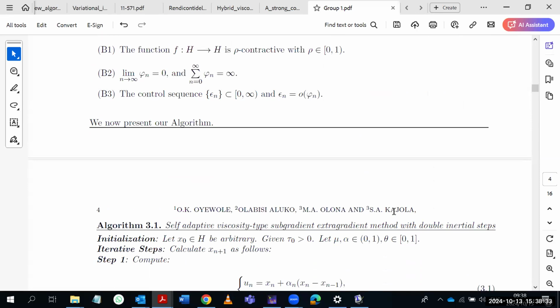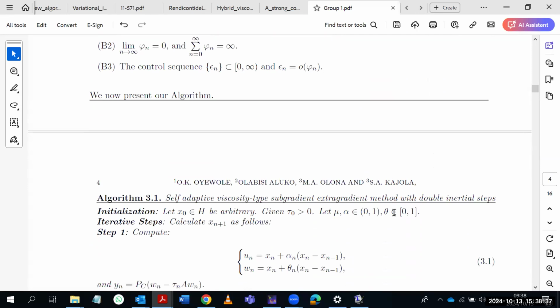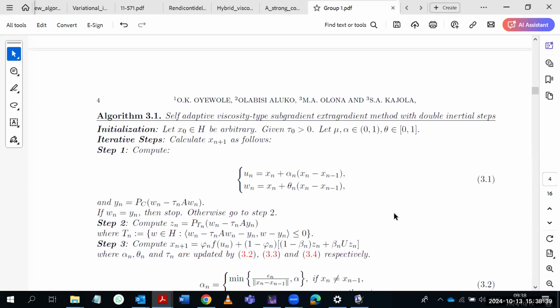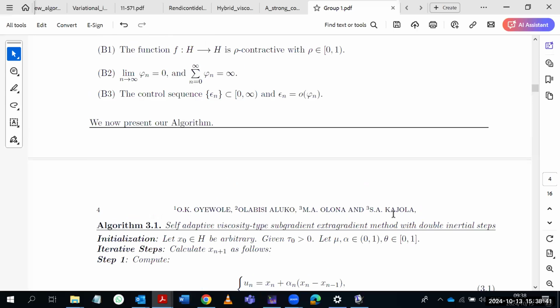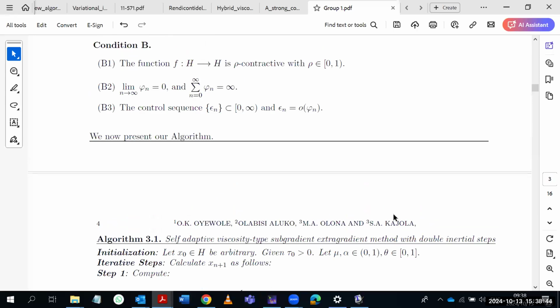And the following will be our algorithm. Condition B, sorry, B1. Condition B1: F from H to H is rho-contractive. Is rho in now? Rho is not an element, rho is in the interval.